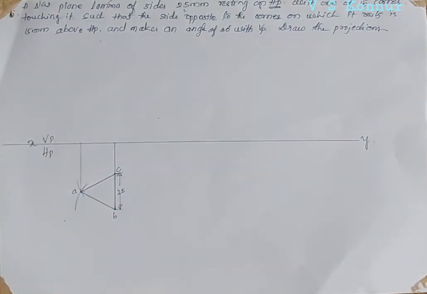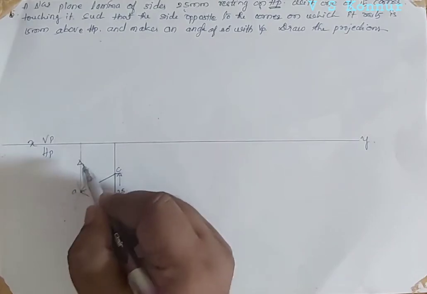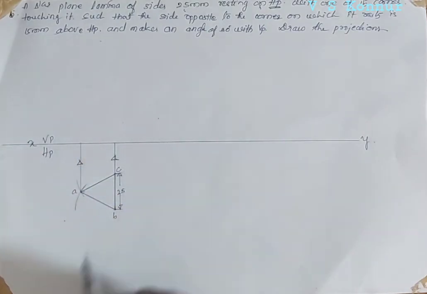With thin lines you have to draw the projectors, and give the arrow marks. So this is the triangular lamina resting on one of its corners on HP. The corner should be on the left side, right?